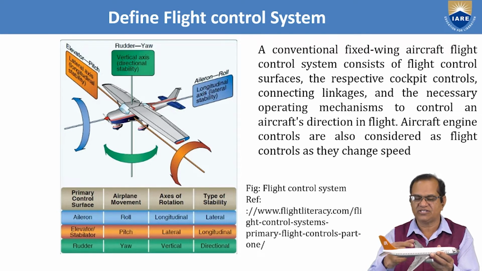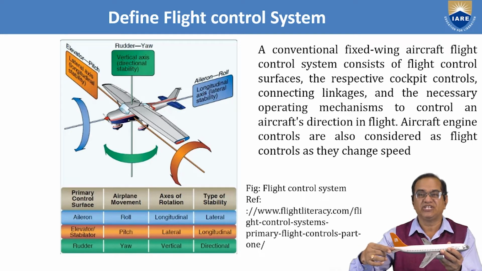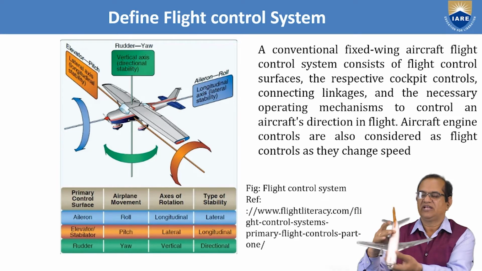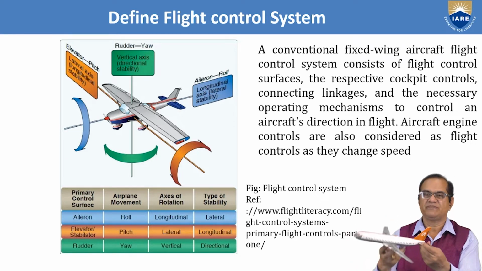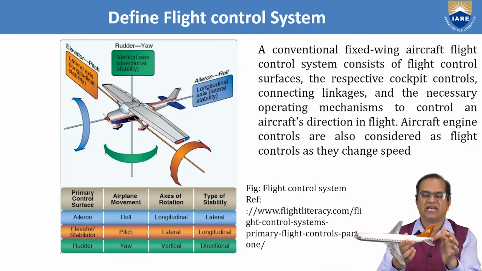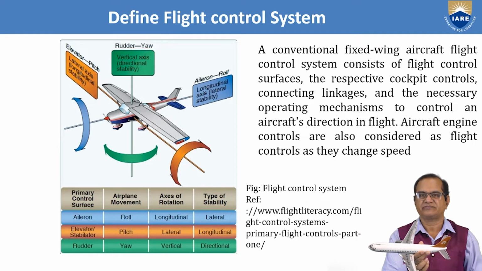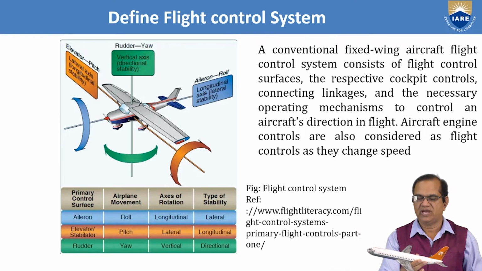Here are the ailerons, fixed on the wing. At the horizontal tail we have the elevator, and at the vertical fin we have the rudder. This is the rudder, this is the elevator, and these are your ailerons.